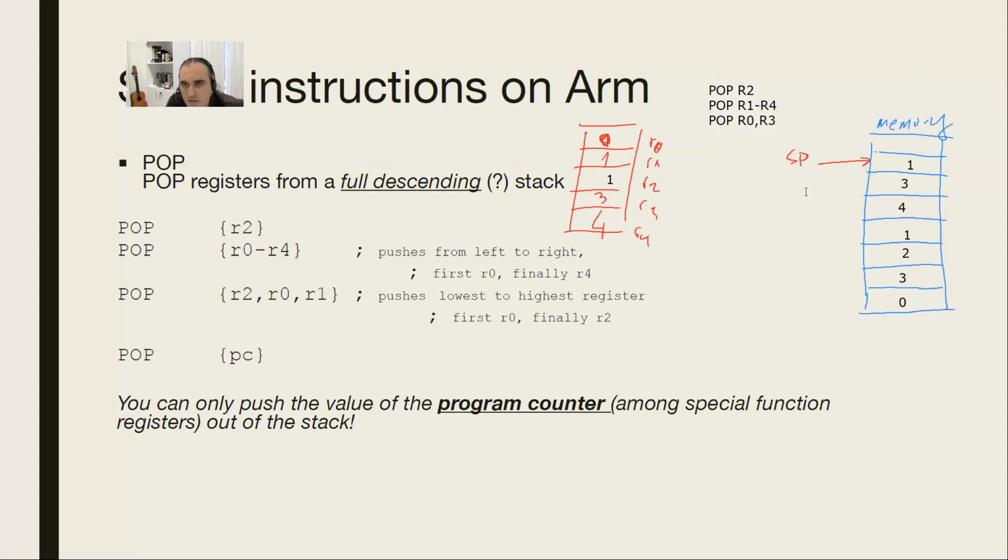Sir, for pop, for example, if you write R0, R3, R2, will it go like R3, R2, R1 as in push, or in the order we wrote? Well, if you have commas, it is the lowest index register first. So the order you write is not important with commas.